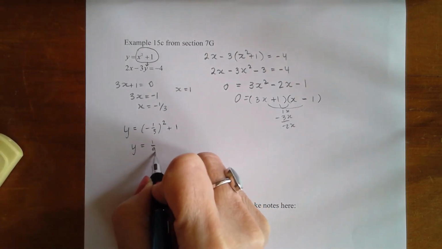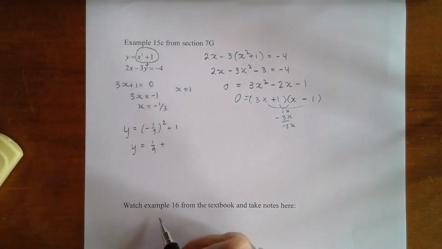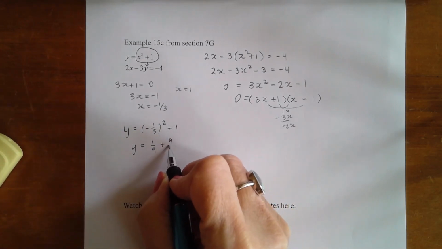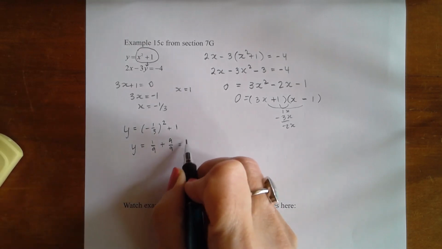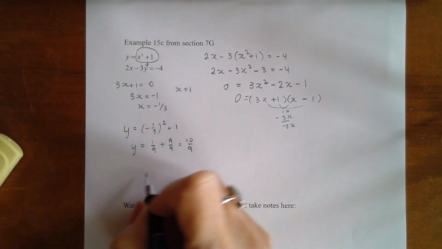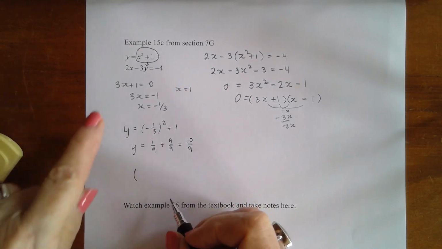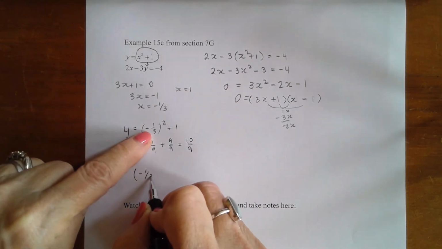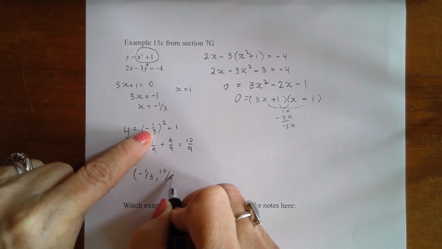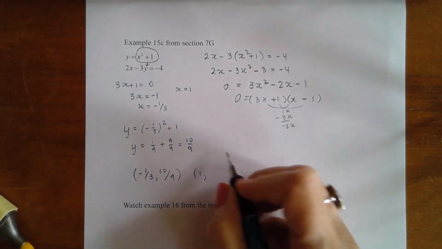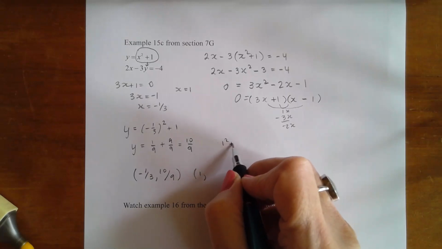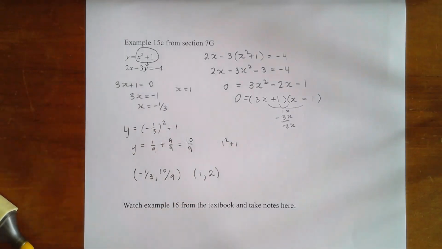So I get 1/9 plus, and I'm not going to write 1, I'm going to write 9 over 9 because that is also 1 and it's already getting me a common denominator. So I get 10 over 9. So one of the points is negative 1/3 and 10 over 9. And the other point is when I put 1 in here. I get 1 squared plus 1, which is just 2. So those are my 2 points.